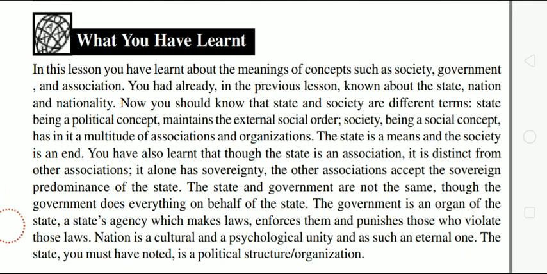The government is an organ of the state, a state agency which makes laws, enforces them, and punishes those who violate those laws. Nation is a cultural and a psychological unity, and as such, an eternal one. The state, you must have noted, is a political structure or organization.